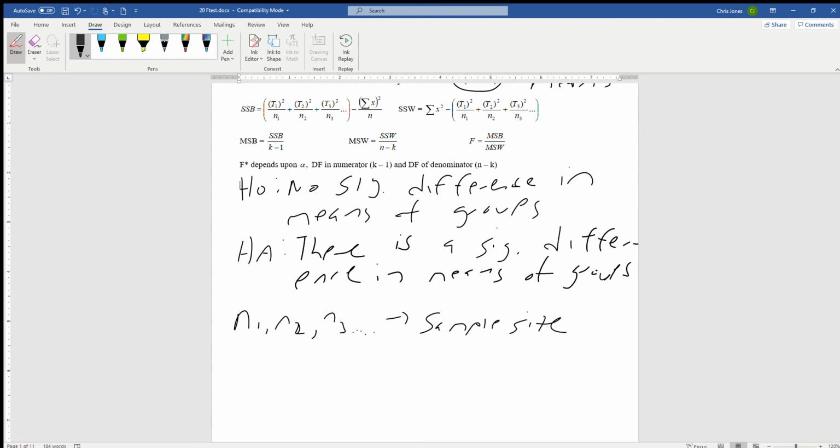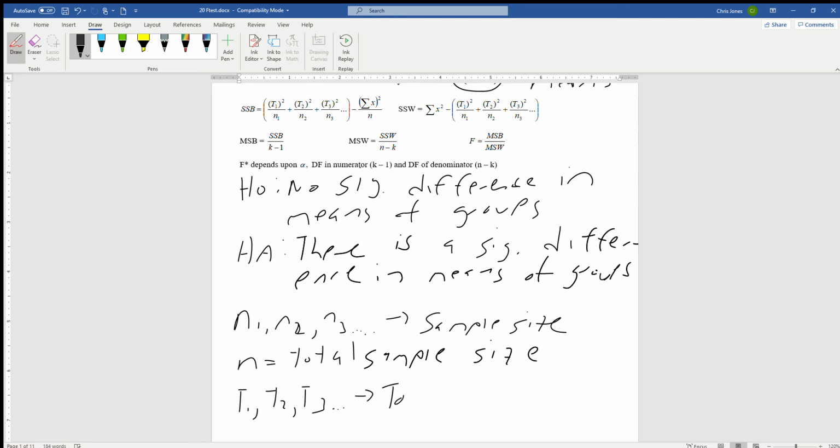And then the next thing we're going to get is N. N is the total sample size, and that's basically just found by adding up all the N1, N2, and N3s. Then we have T1, T2, and T3. T1, T2, T3, etc. are going to be the sums of each of the categories, the sums of each of the elements.